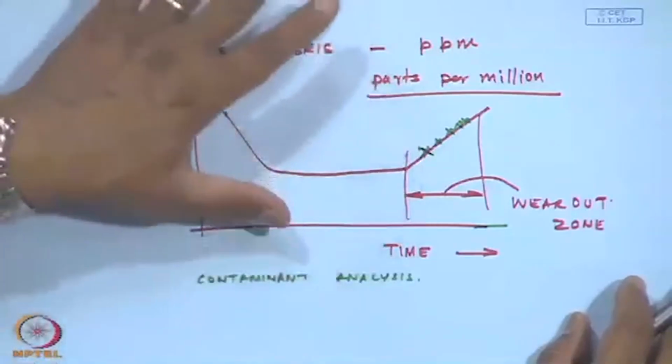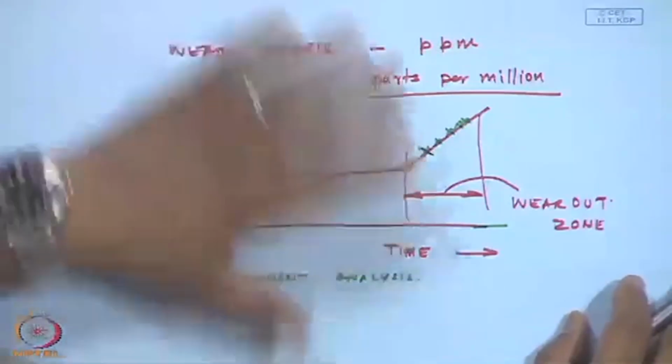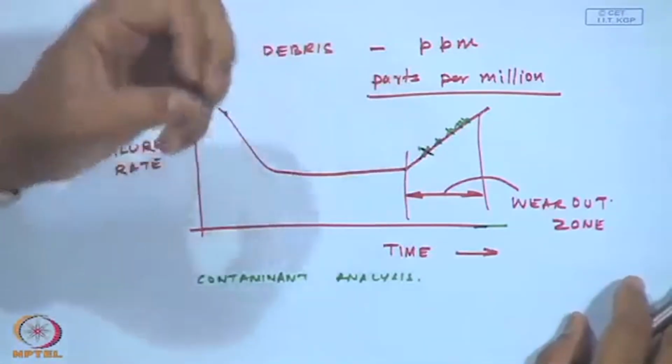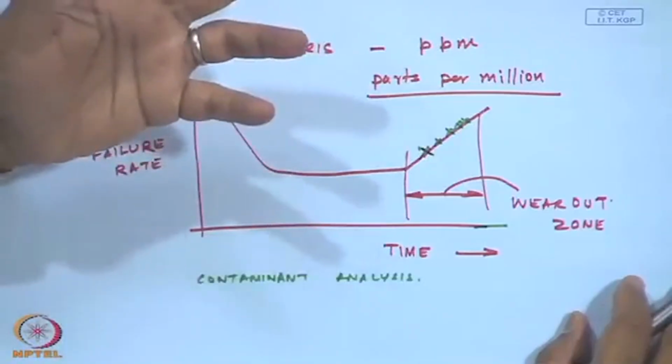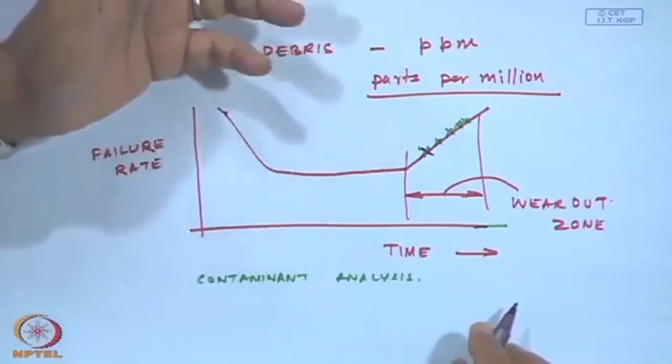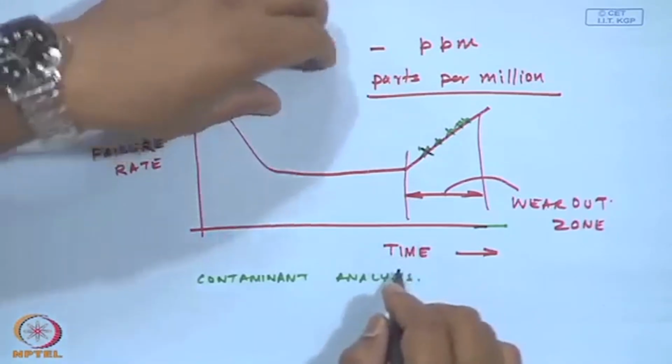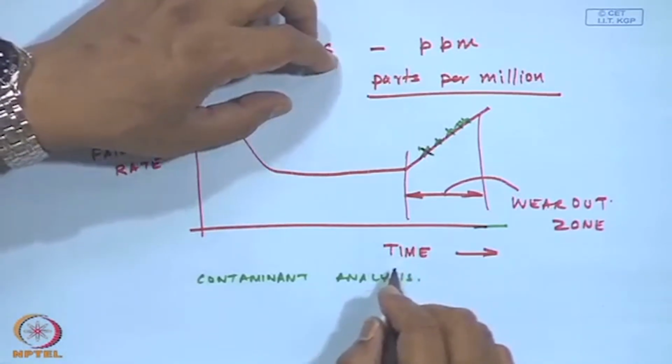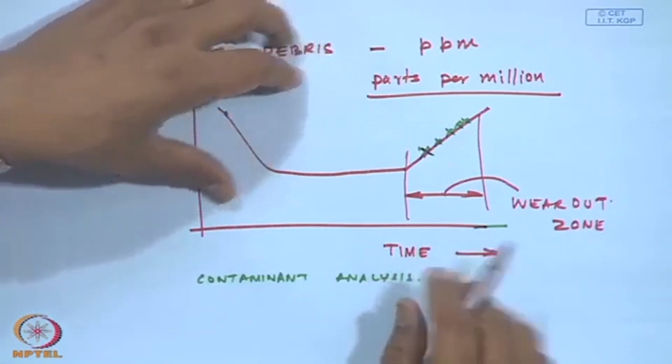In contaminant analysis or in oil analysis, you cannot do that. All you have to do is collect the oil, like we collect a blood or urine sample and send it to a pathological lab. Similarly, in these machines also, you have to collect the oil in which the contaminants are there, give the entire sample to a lab, wherein they will do the contaminant analysis, where they will check the severity by calculating the quantity of the particles present.